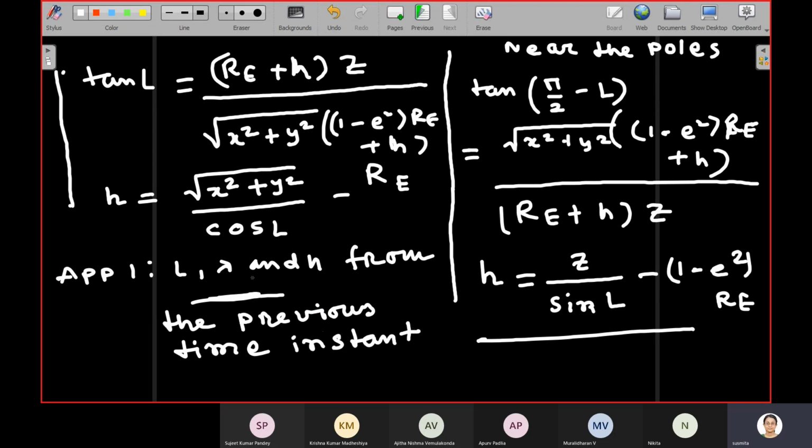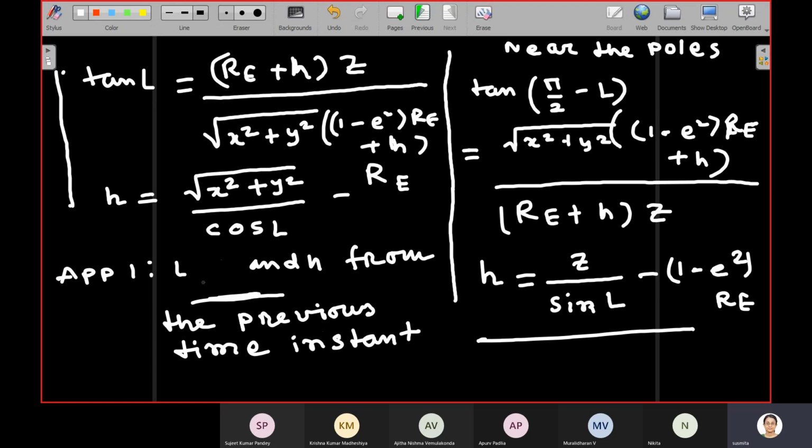We do not require longitude from the previous instant, as we can find it directly.